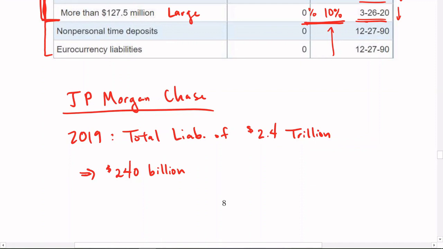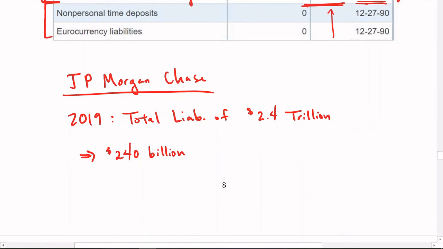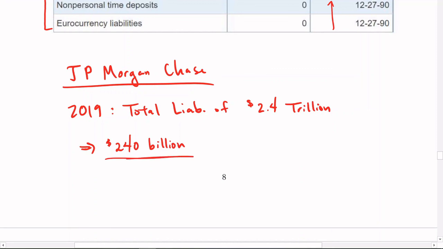So the idea: more people go borrow. And again, this is just one bank. So that's $240 billion now available for lending, just from one single bank in the country.